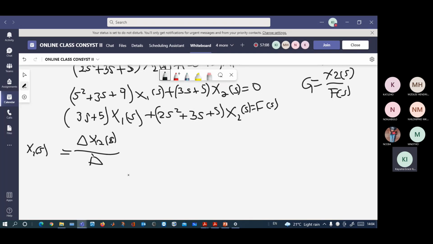So let's now write our delta. Delta is going to be, to take the value of this, and that one, and that one.